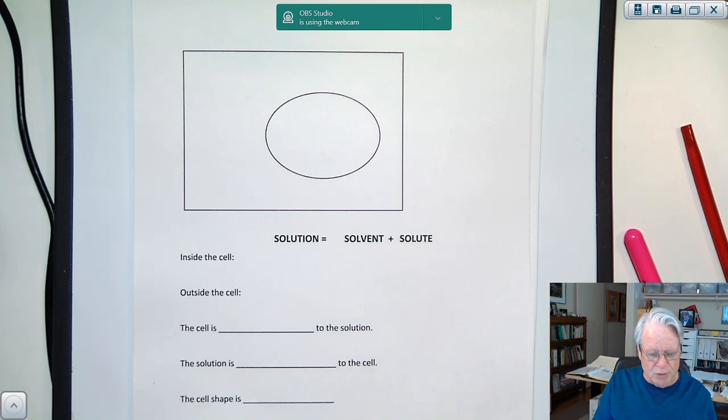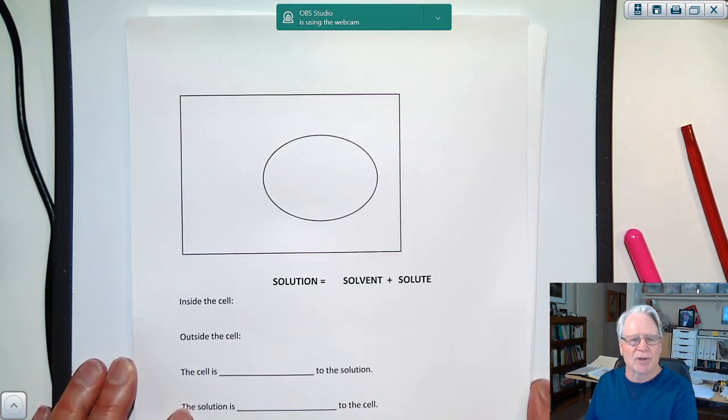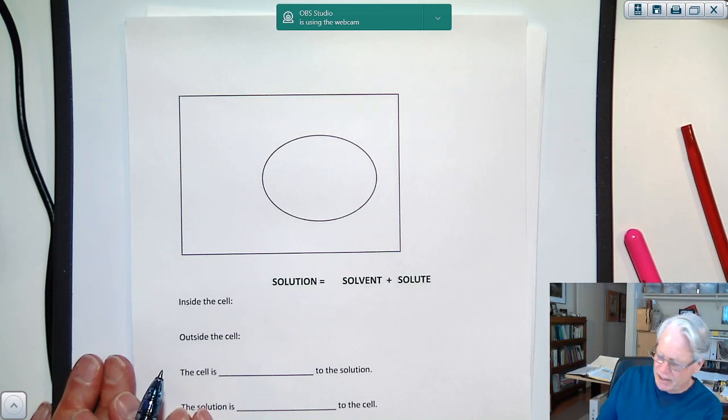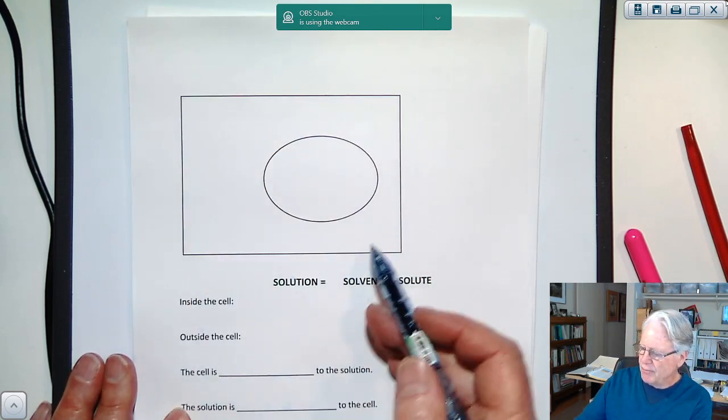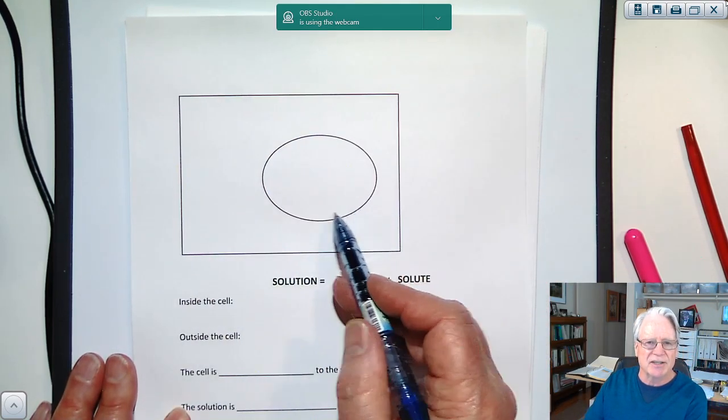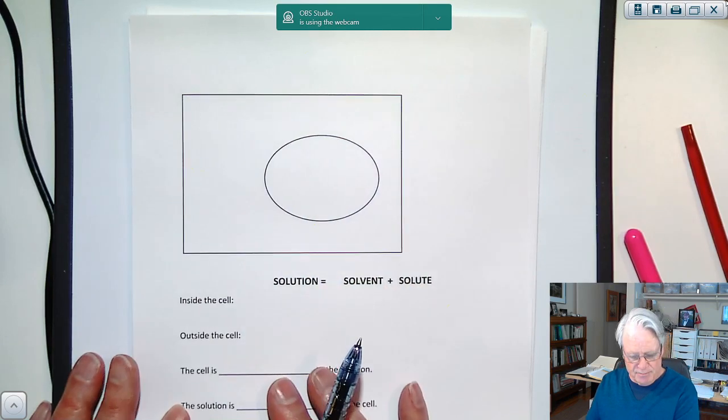Let's begin. So we're going to apply what we've just learned now to 3 different conditions. What I've drawn here is a square with an oval inside, and obviously that is some compartment with a solution in it, and then a cell is sitting inside that compartment.